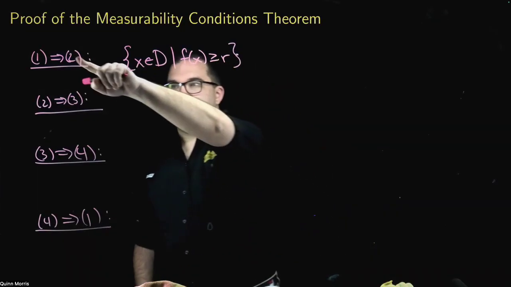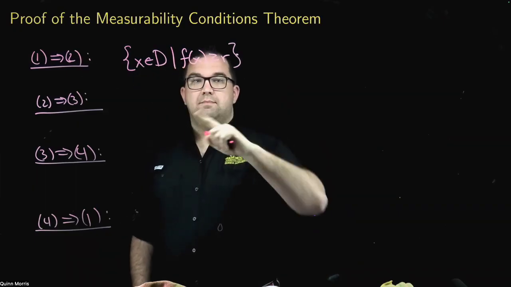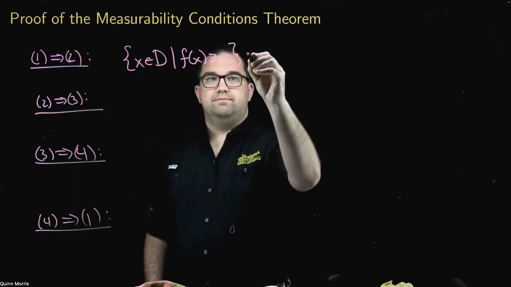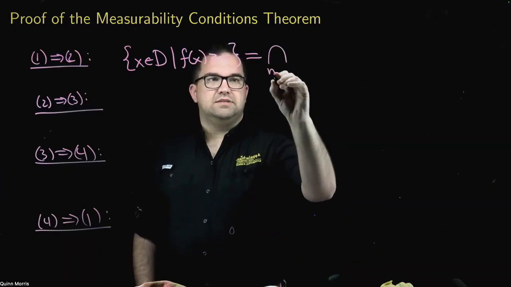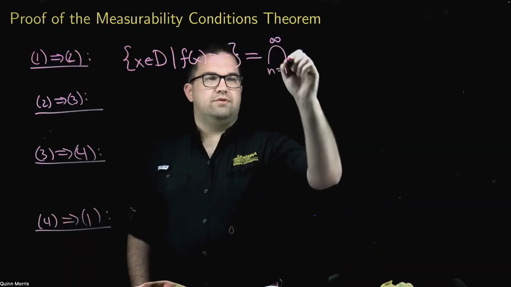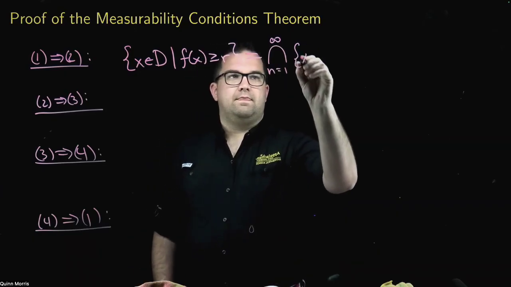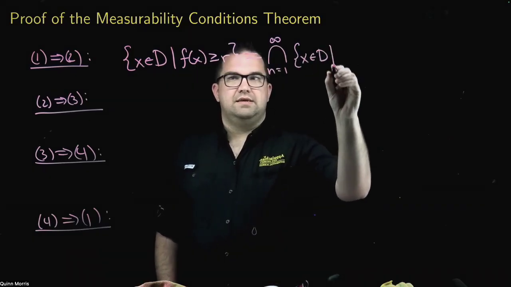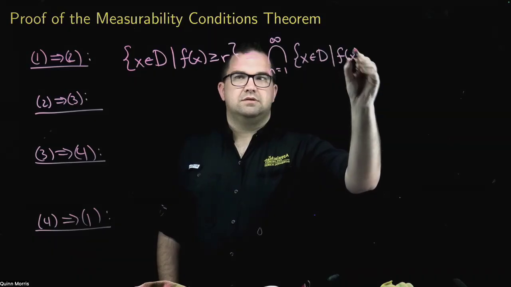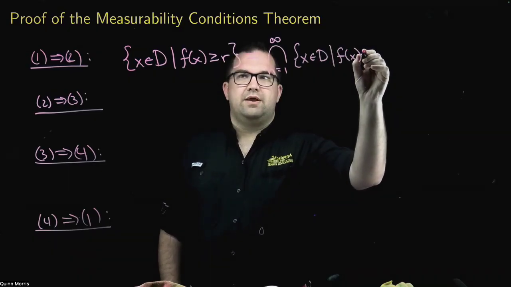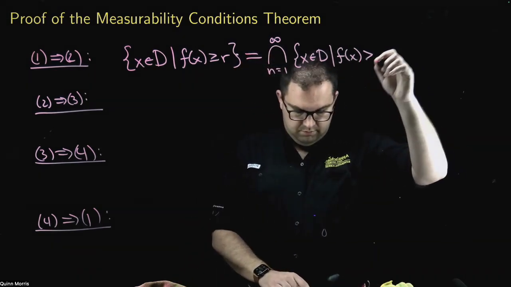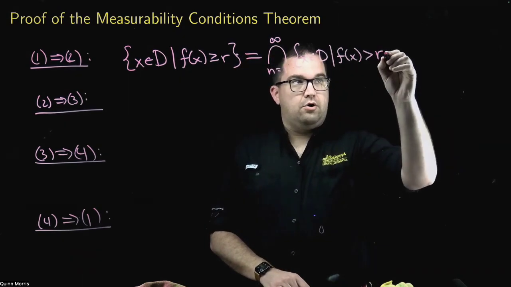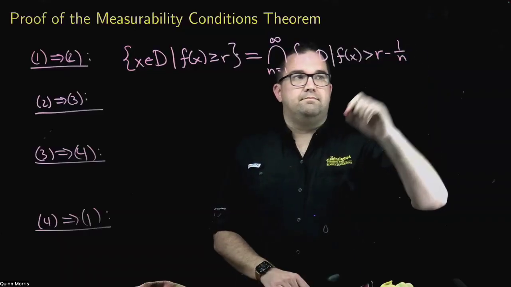Well, that's what I need to show for 2 to hold, but I get to assume that 1 is true. Okay. Well, note that I can write this as the intersection from n equals 1 to infinity of the set of all x in D such that f of x is greater than r minus 1 over n.